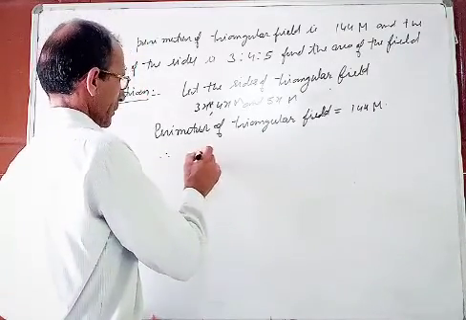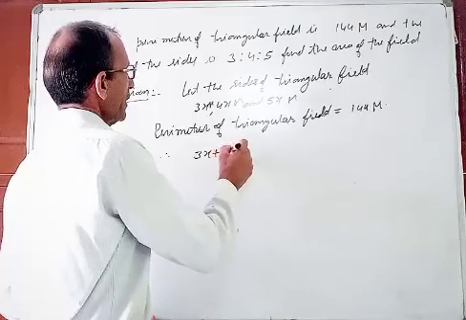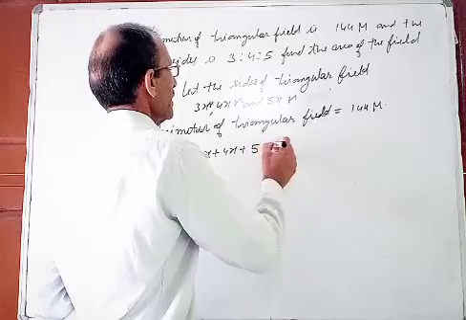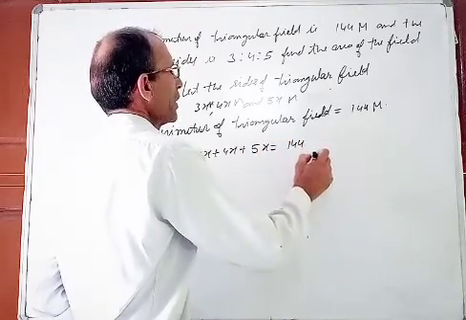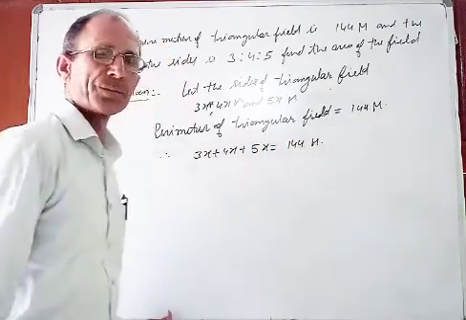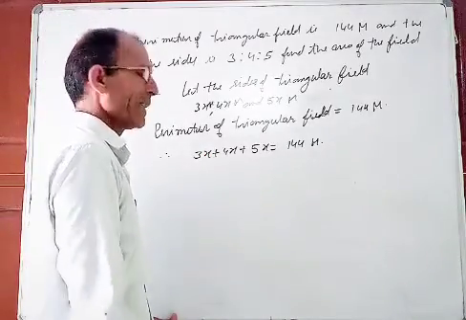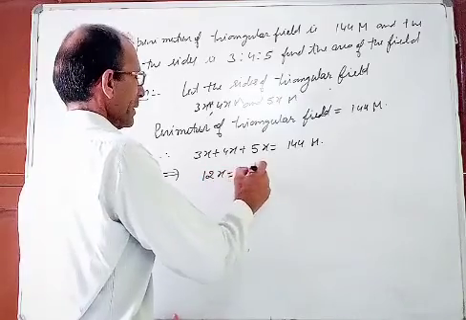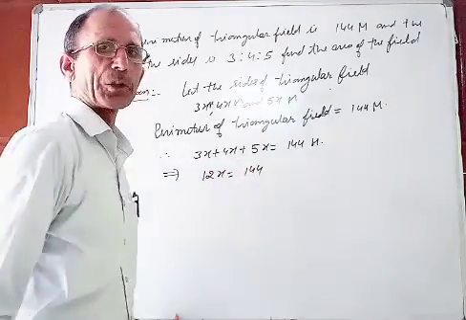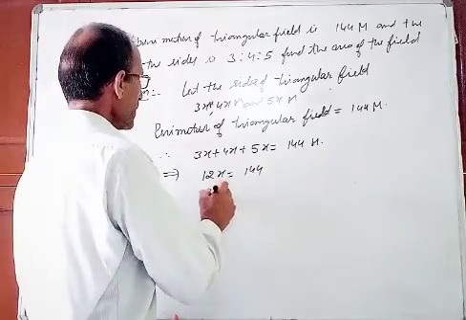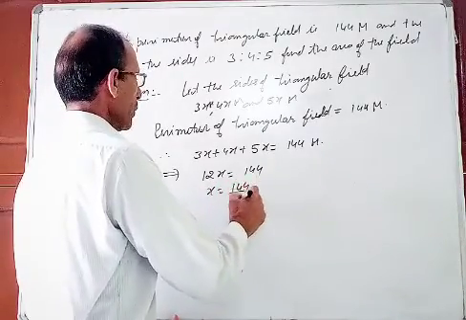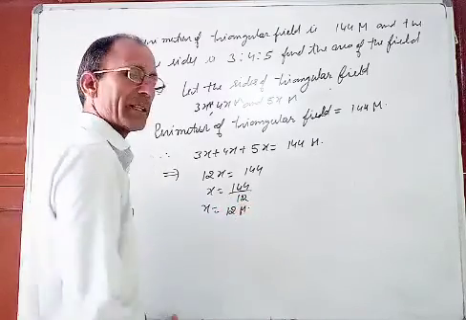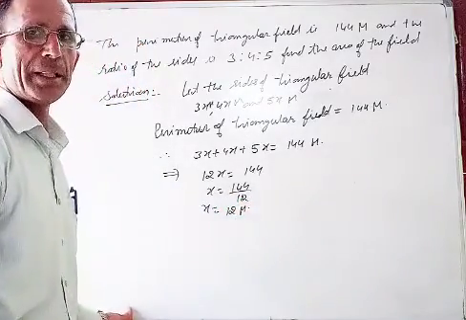Therefore, 3x plus 4x plus 5x is equal to 144 meter. 3 and 4 is 7, and 5 is 12x, which is equal to 144. So x will be 144 by 12. x will be 12 meter.